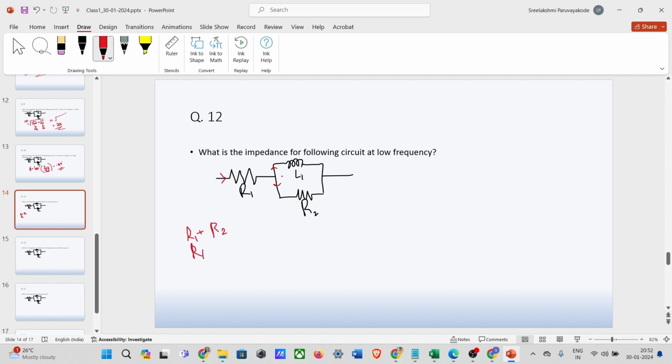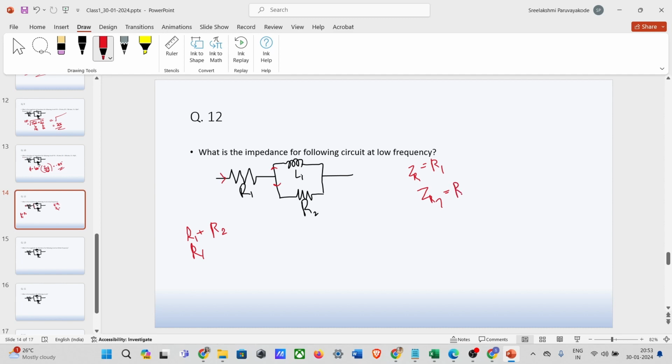Here I am saying it is for a low frequency. So first you should understand what the resistances are. ZR1, anyway it will pass, right? Impedance of R1 is nothing but R1. Now the impedance ZR2 is R2. This both you know.